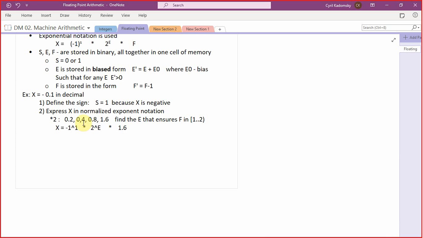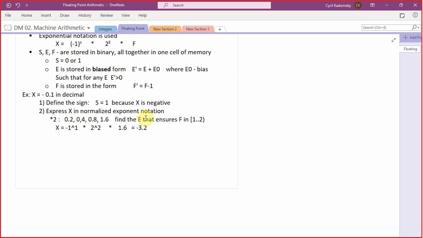Okay, so what is the exponent then? This whole number still must be equal to 0.1, so let's calculate. If I put the power 1, this would be a bigger number.